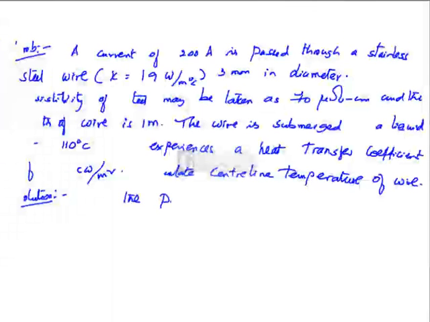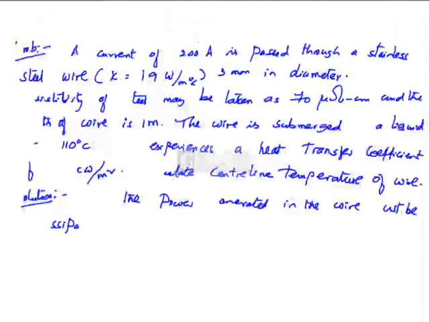All the power generated in the wire due to passage of current must be dissipated by convection to the liquid. That is, power is equal to I²R, where R is the resistance, which is equal to heat generated.